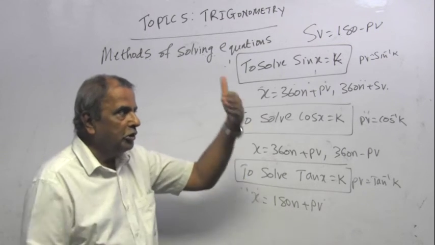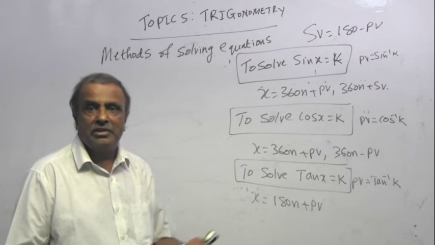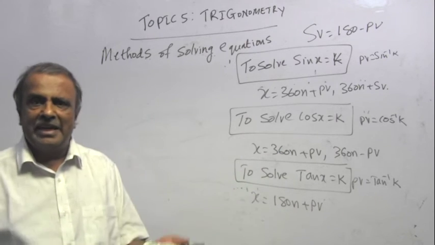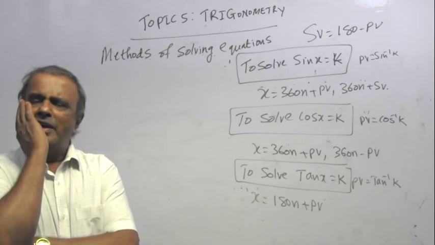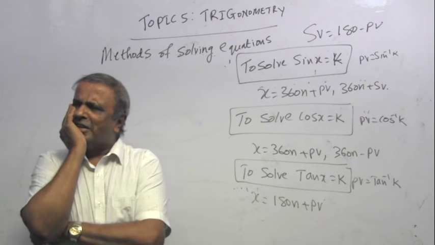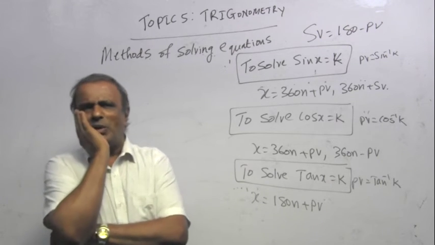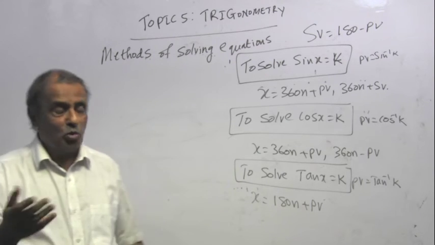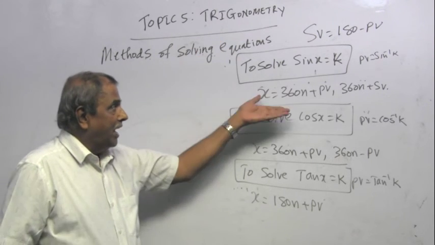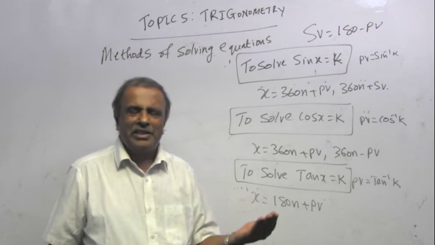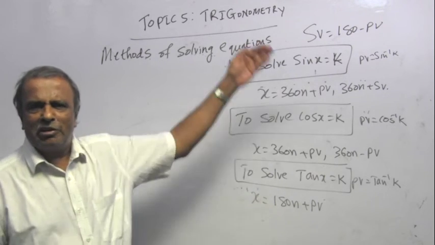Because if you keep on looking only at the card and doing the questions, you'll get all your homework correct, but in the exam you will wonder: is it for cos, 360n plus PV and 360n plus SV? Or is it 180n? You'll get worried. So the only way to overcome that would be, while you're doing practice or homework, for the first 10-15 questions, look at that.